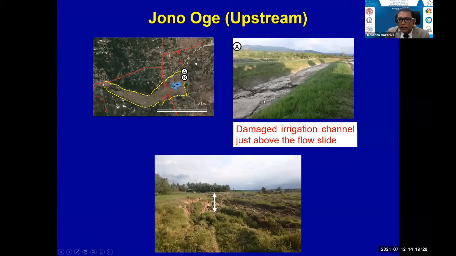As you can see, this is the unlined irrigation channel. They were badly damaged during the earthquake, and about 3 to 4 meters of depressions, subsidence of the soils in the area due to the flow.